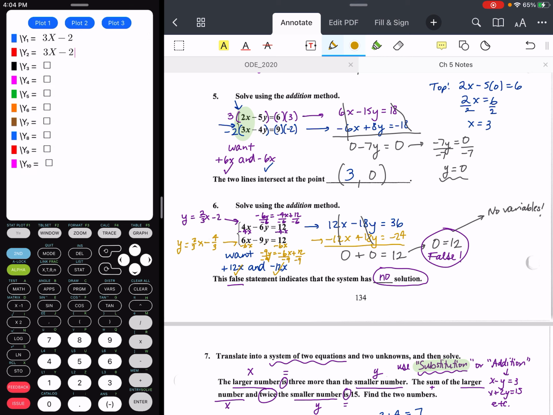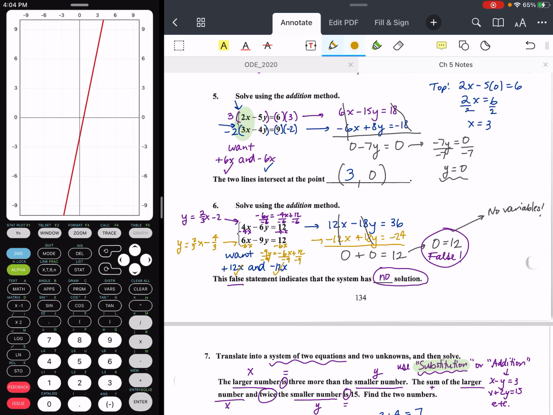All right, so let's go ahead and graph these two to see what they look like. But already I can see that they have the same slope, right? So for my first line, 2/3 x minus 2. For my second line, 2/3 x, and then minus 4/3.